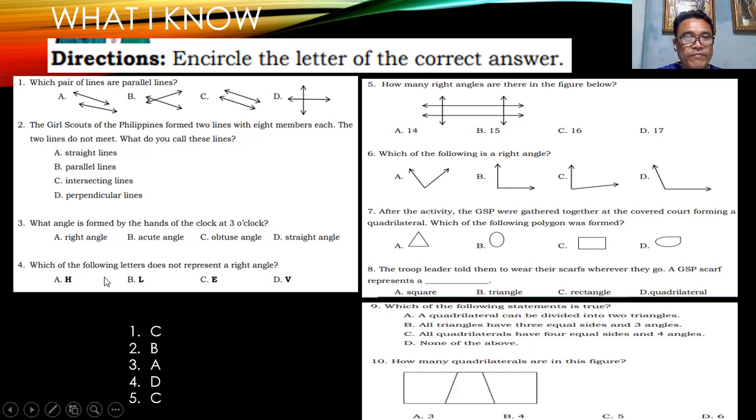4. Which of the following letters does not represent a right angle? Okay, the answer is letter D. How many right angles are there in the figure below?